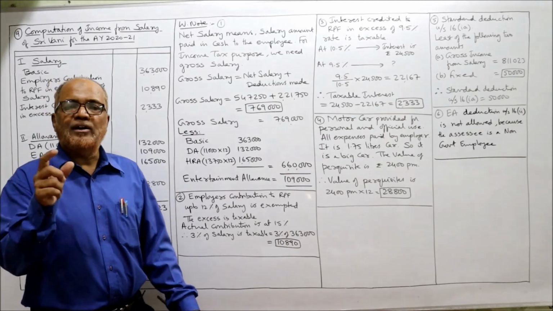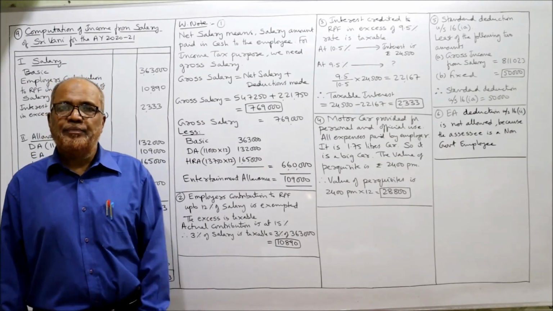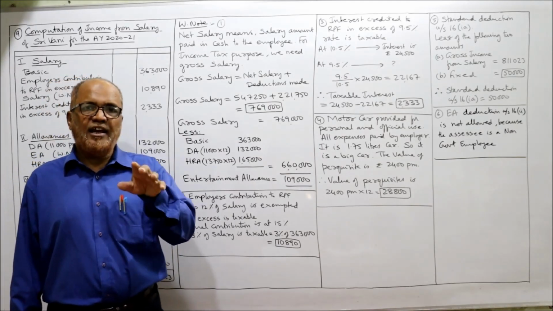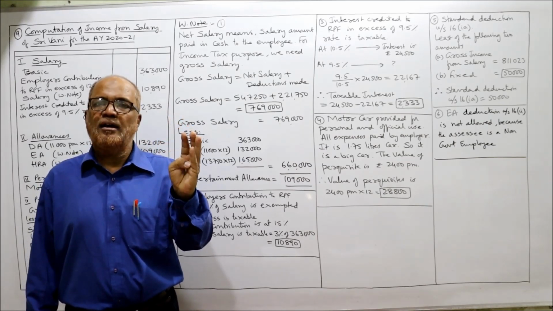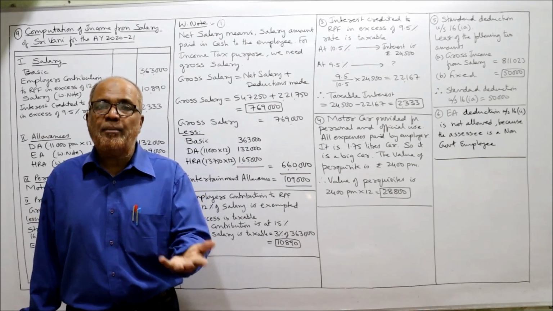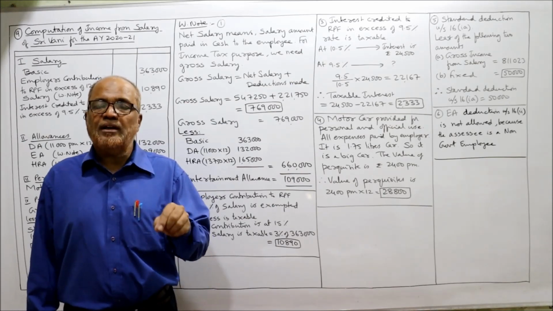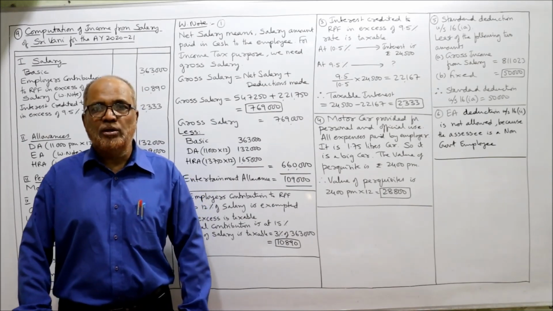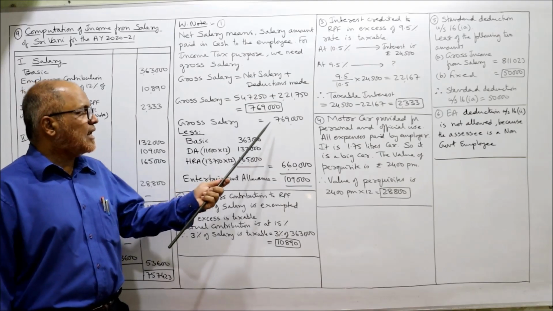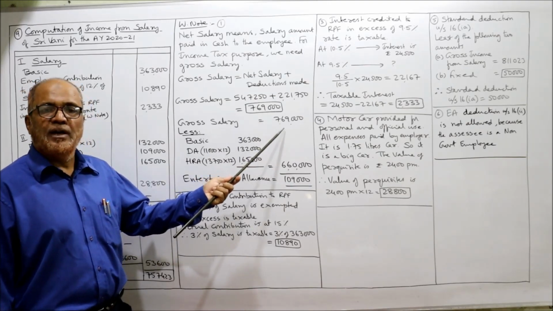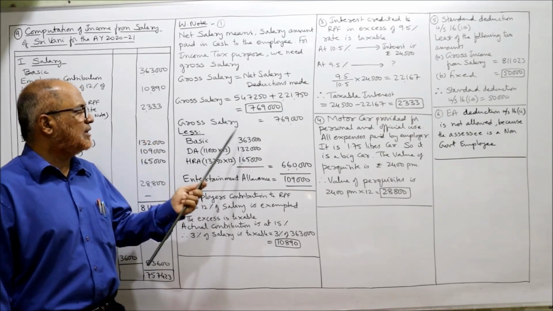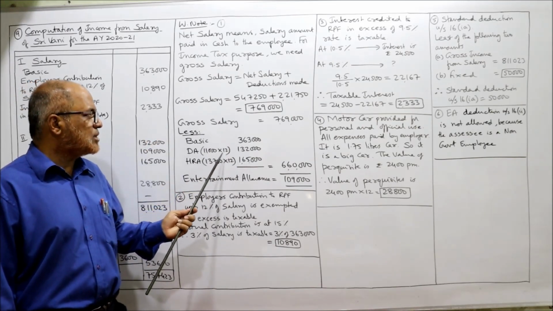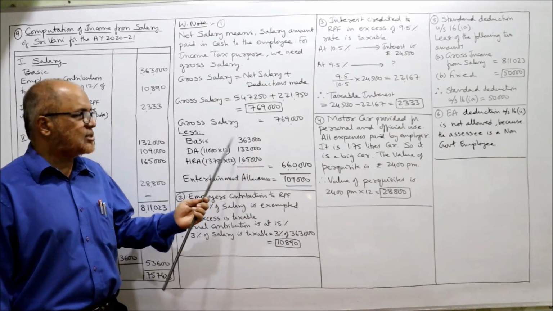Now we have to find out the entertainment allowance, EA. Salary includes basic, DA, HRA and EA. But the EA amount is not given. We have to find out the entertainment allowance amount. So how to find out? Gross salary is 7,69,000. In this gross salary, basic salary is 3,63,000 given in the problem. DA is 11,000 per month into 12, 1,32,000.